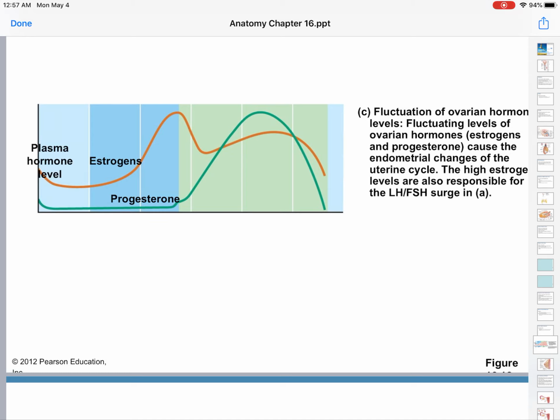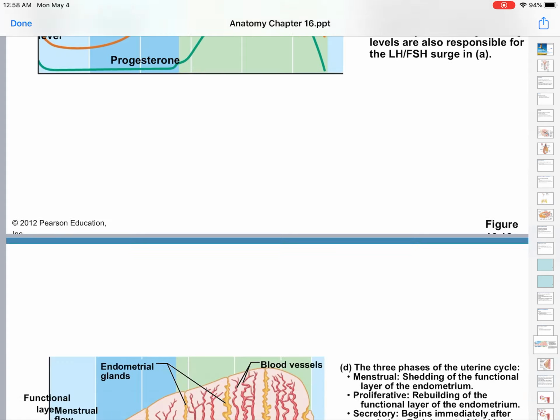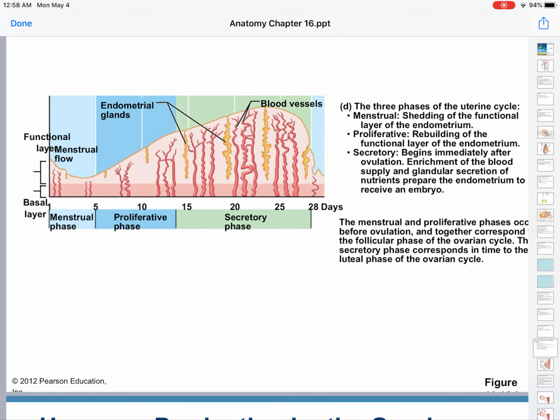And here are fluctuations of hormones. The high estrogen levels are also responsible for the luteinizing hormone and follicle-stimulating hormone surge that you saw in the graph two slides ago.